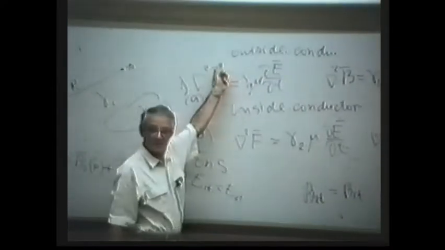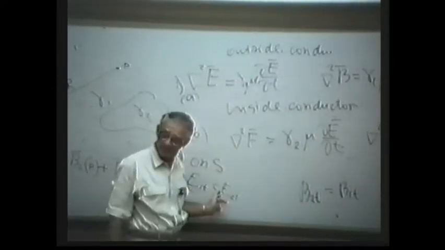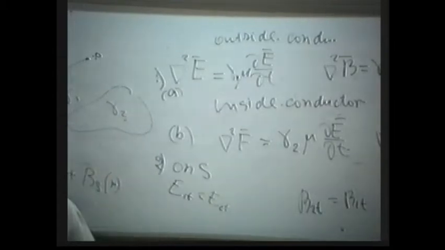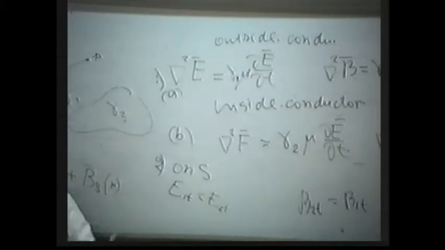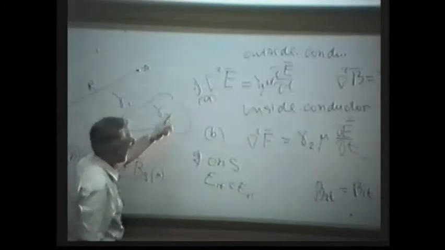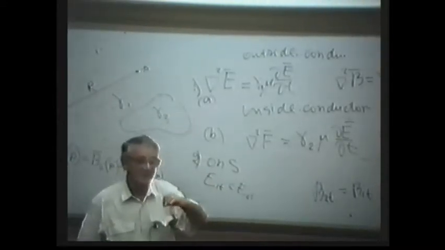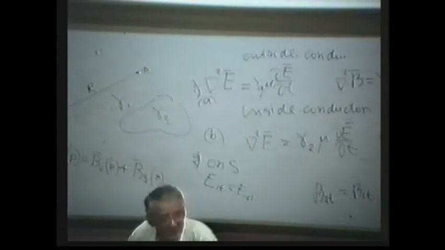So this description of the electromagnetic field is the formulation of a boundary value problem. Now I formulated this problem for a stationary field, for a transient field, and for a frequency field.